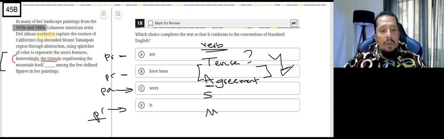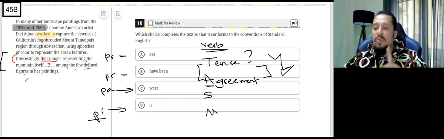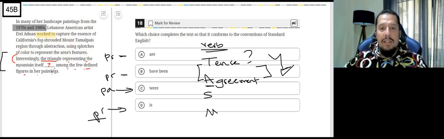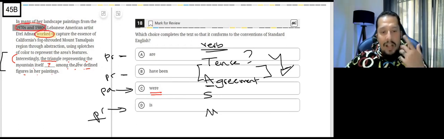Interestingly, the triangle representing the mountain itself blank among the few defined figures in her painting. Well, if I do say this is a past tense verb, I would go with answer C, correct? Because right now I see 70s and 80s, I see it worked. So logically, I'm going to say it's in the past.